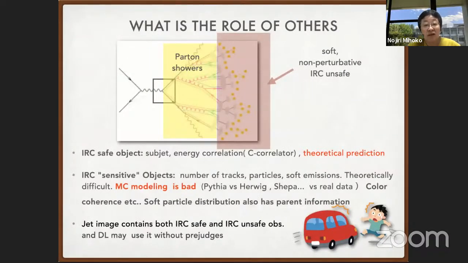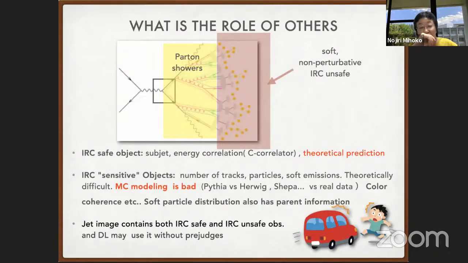Then what is the role of the other networks in this review paper? There is a certain reason to try to use the lower-performance networks.